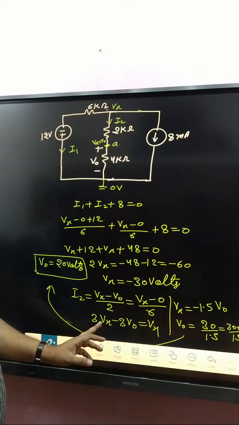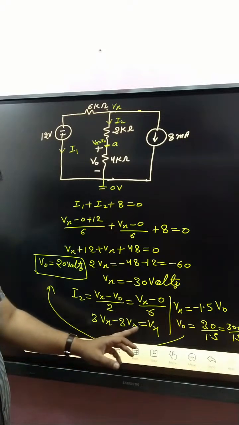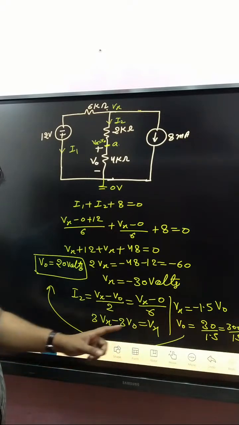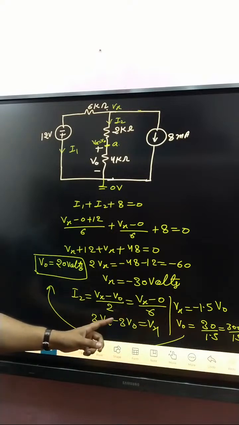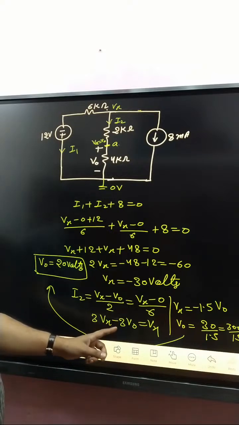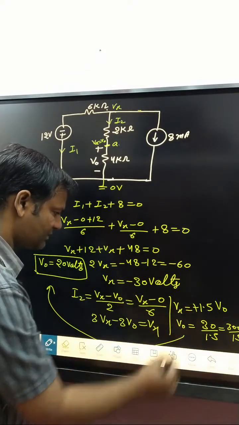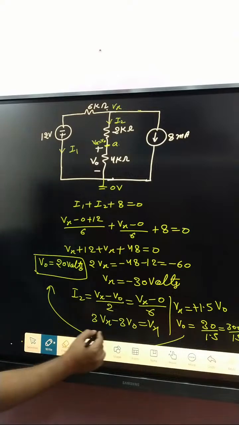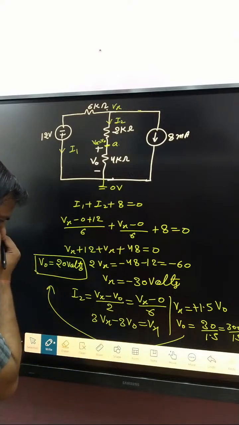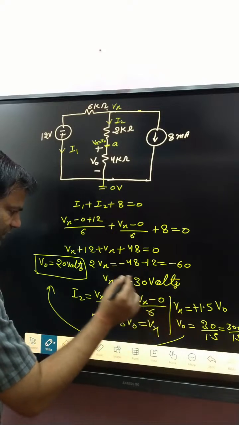If Vx comes to here, then 3 minus 1, that is 2 Vx. 2 Vx is equal to plus 3 V0.